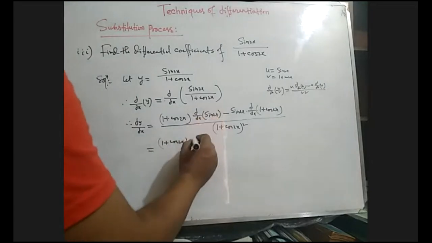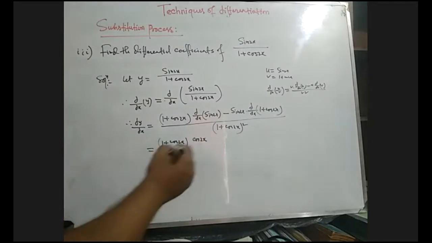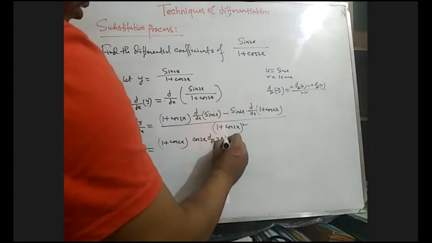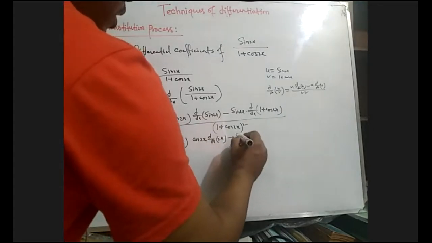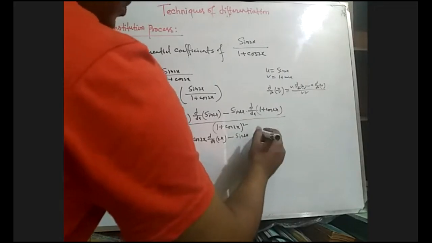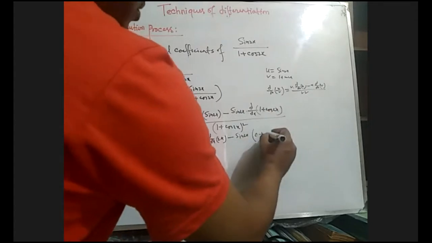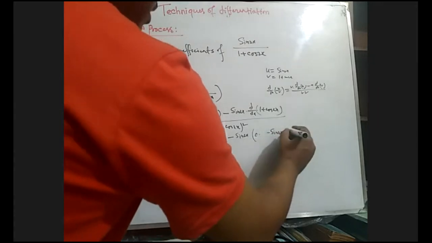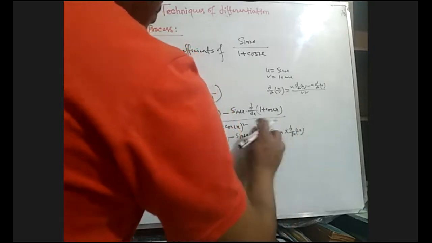Now the differentiation of sin x formula is cos x. But remember that this is not the actual x, so we have to take the differentiation of 2x again, minus sin 2x into d/dx of 1 plus cos 2x. d/dx of 1 will be 0, and the formula for cos x is minus sin x, again differentiating 2x.